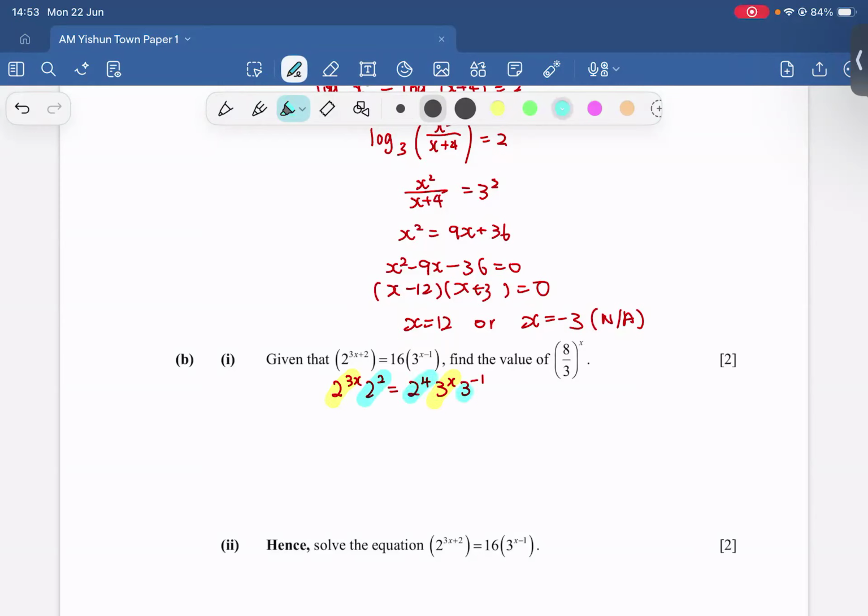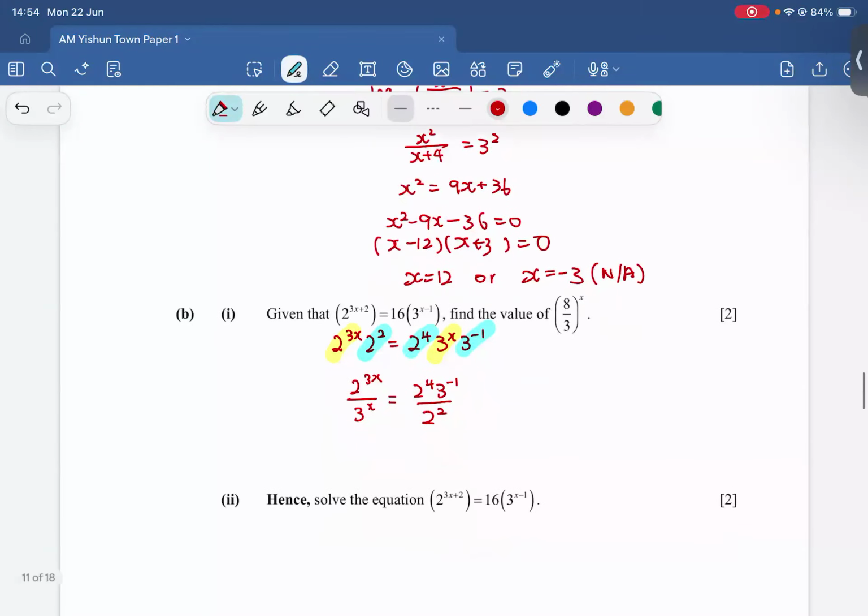These are the numbers. So what we do, we throw all the power with x to one side. So 2 power 3 put here. Then this 3 power x bring over, it will divide. The 2 power 4 stays here. The 3 power negative 1 stays here. When I divide, I get this. Now this right hand side, you just press your calculator.